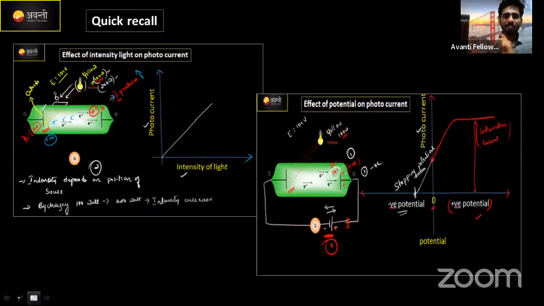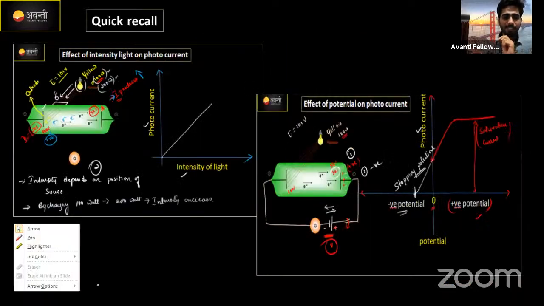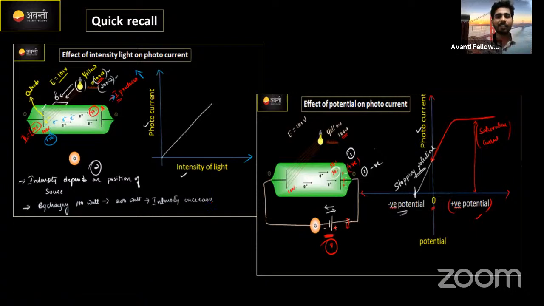Before starting, let us take a quick recap of what we discussed in our previous class. Yesterday we talked about the graphs related to the photoelectric effect. The first graph is photo current versus intensity of light. As the intensity increases, photo current also increases. Second point, keeping the intensity constant means keeping the source at one certain place.